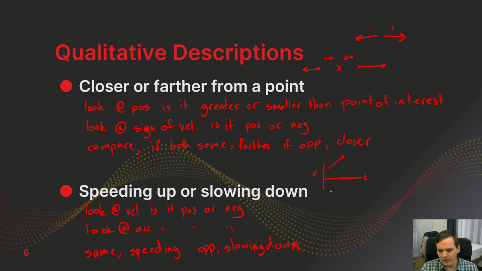If I'm already at a negative value and I have a negative slope or a negative acceleration, then I'm going to get farther from the zero velocity, so I'm going to get faster. If I'm positive, but I have a negative acceleration, that means I'm getting closer to 0, so I'm slowing down. And if I'm at a negative velocity, but a positive acceleration, a positive slope, that means I'm speeding up. And so this gives us the basic ideas.